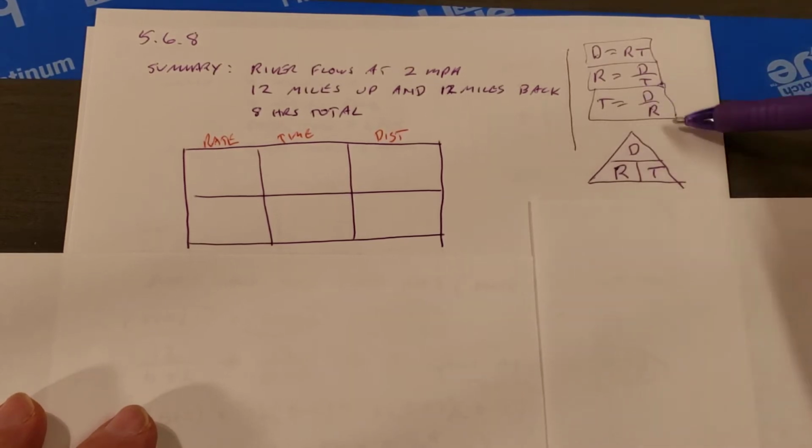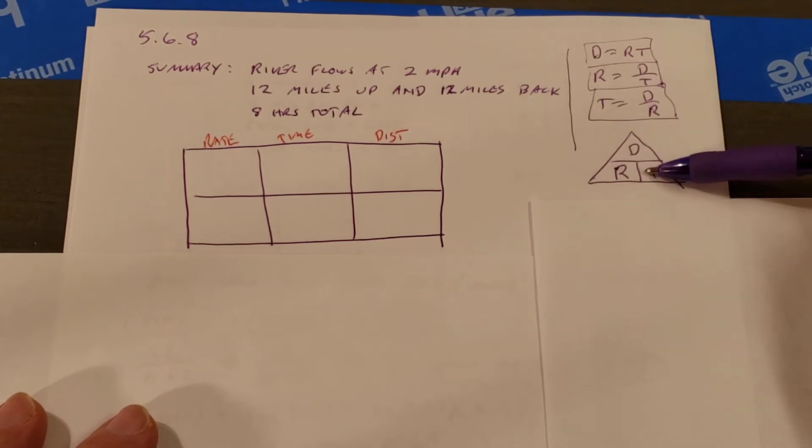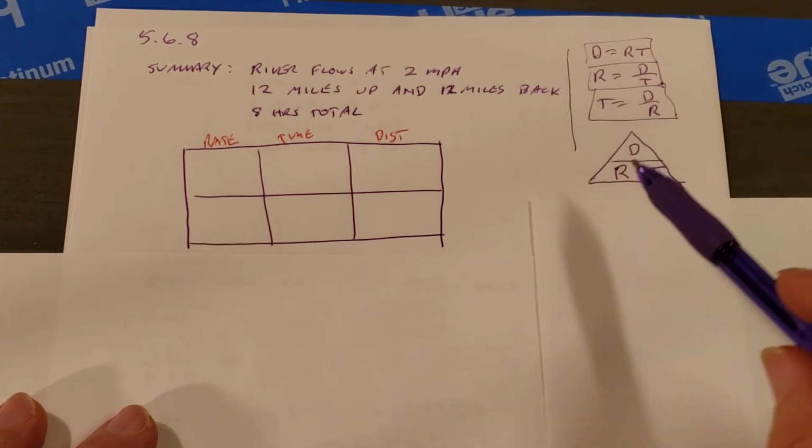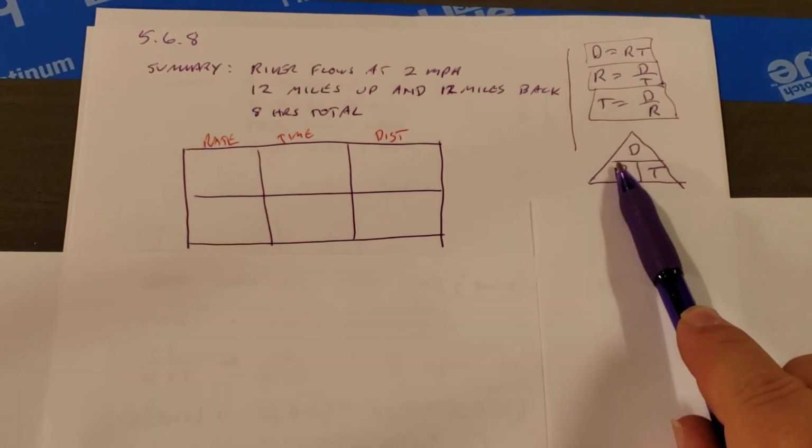If I cover up the D, that's the formula for distance. It's rate times time. What if I cover up the T? The formula for time is distance divided by rate. And what if I cover up the R? The formula for R is distance over time. That is going to be very important to us moving forward.